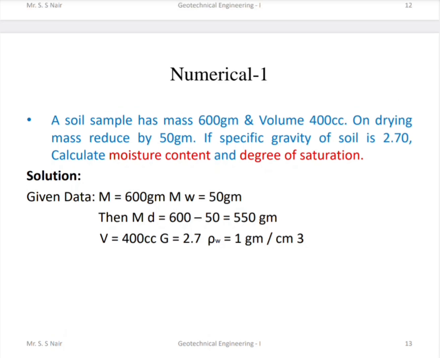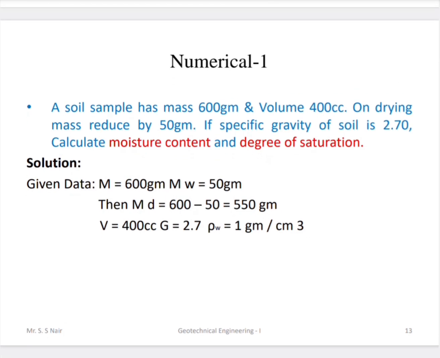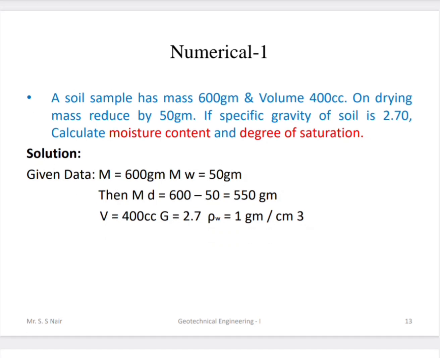Calculate moisture content and degree of saturation. So dry mass of soil will be 600 minus 50, which gives you 550 gram. Volume will be 400 cc. G will be 2.7, the specific gravity. Density of water is 1 gram per centimeter cube.